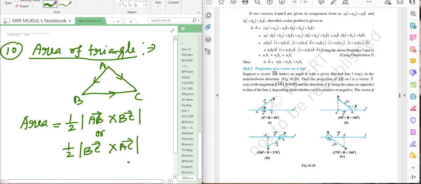Any two sides you can consider and find the area of the triangle.